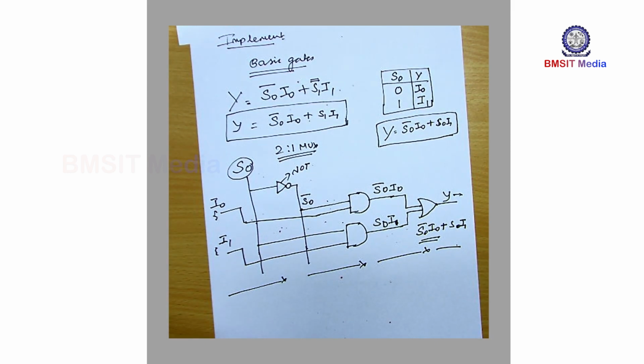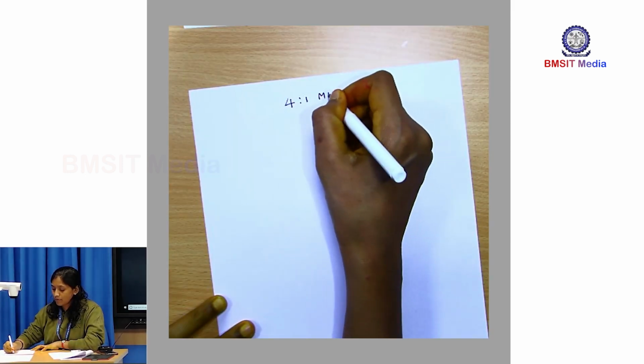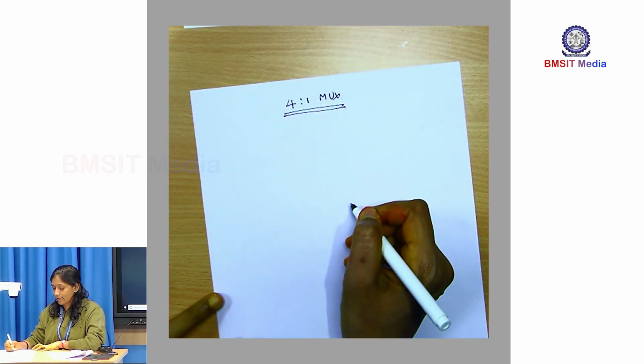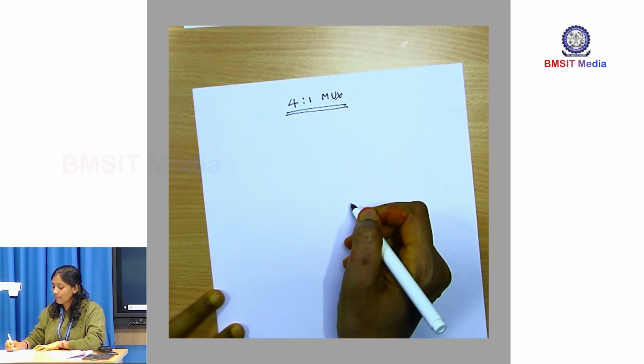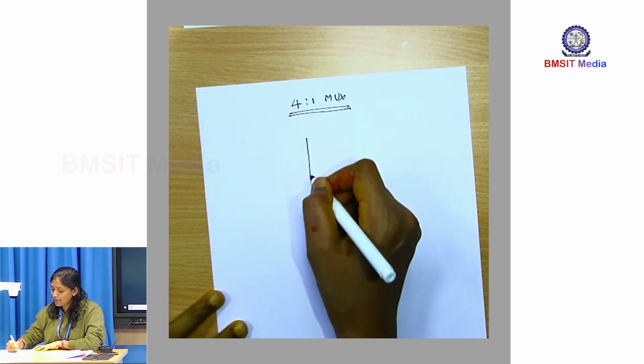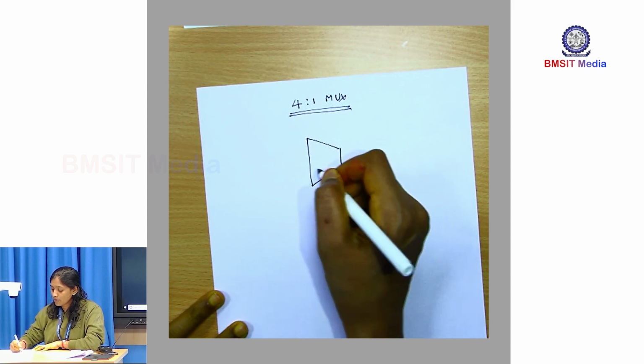Okay. Now, let us implement the 4:1 mux, or 4:1 data selector. What information does this 4:1 mux provide? There are 4 input lines.